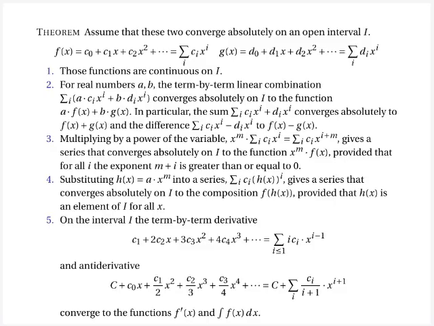I like that. Okay, so do you see the word absolutely here? You see it there? Absolutely. So assume that you have series 1 or 2 or 3 or 4, but I only need 2 to state the rules. Assume that you have series that converge absolutely on some open interval. Then those functions are continuous. Continuity is a great thing, a very handy property to have. Also, you can add the 2 series term by term.